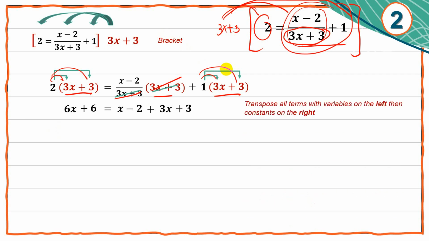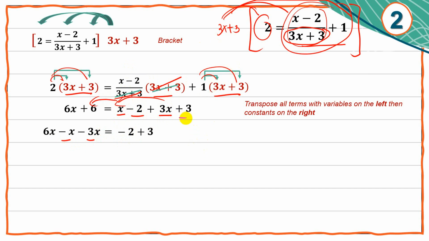And then the next thing is we will be transposing all the terms with variables to the left and all the constants to the right. So with x, we will put them to the left. So we will have now 6x and the opposite of positive x is negative x. And also we have 3x, the opposite of 3x is negative 3x equals, just bring down negative 2 because we did not do anything with it, and then bring down positive 3.